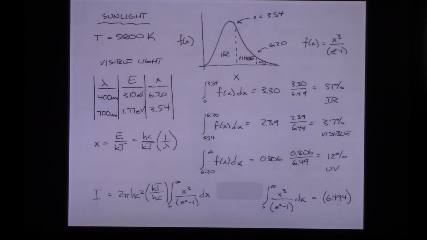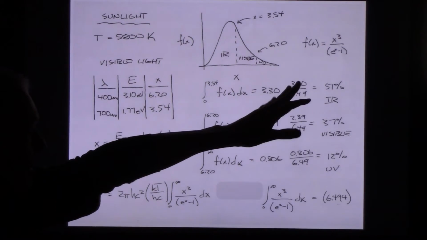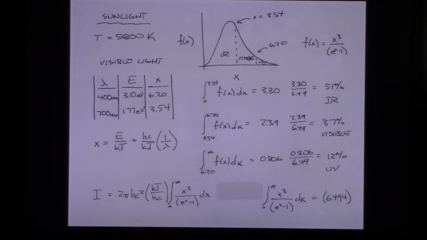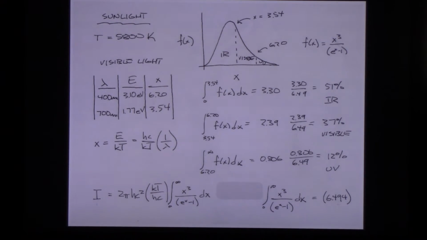That's 51% of the integration of the intensity. So even though the sun clearly is bright and generates a lot of visible light, about half the energy, maybe a little bit more, 51%, is coming off in the infrared part of the spectrum at photon energies below 1.77 eV.